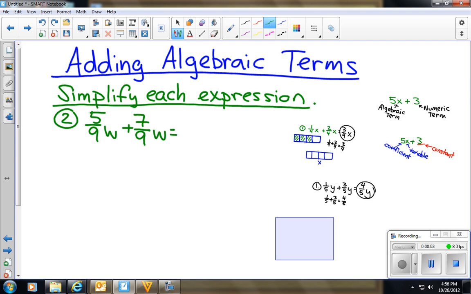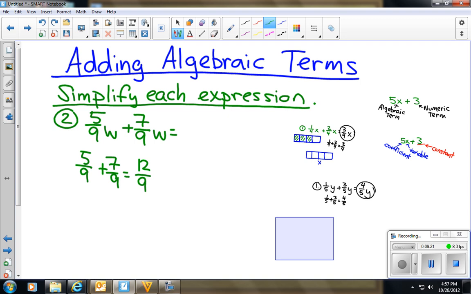Now, in this case, we're going to have 5/9 plus 7/9 equals 12/9. Now, I know that before we had talked about writing 12/9 as a mixed number. Now we're in algebra, and I kind of alluded to this on the last lesson on multiplying and dividing fractions. You're going to want to keep this as an improper fraction when dealing with algebraic terms.